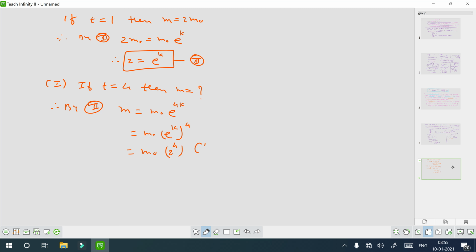I have used this value here. What we get? 16 m0, and therefore at the end of 4 hours it will be 16 times the initial.